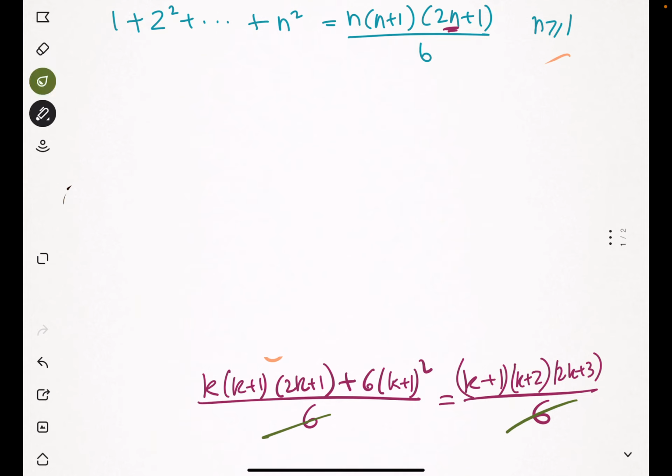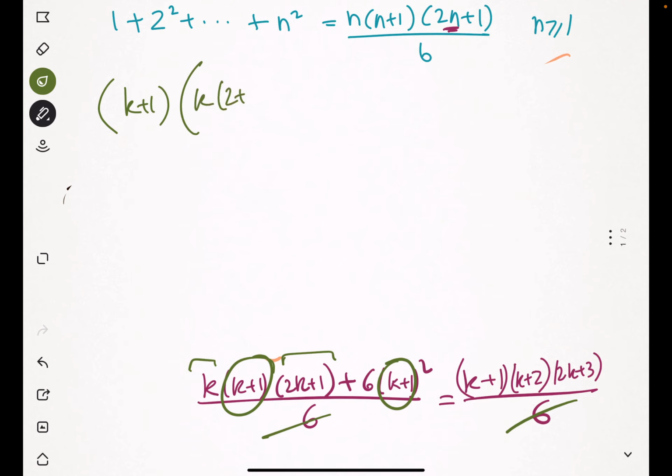So doing the arithmetic here, we can observe that in these two terms of the addition, there are common factors, right? One factor, k plus 1, is common. So I'm going to take k plus 1 as a common factor here, and in the first term what remains is k times 2k plus 1, and in the second part what remains is 6 times k plus 1.